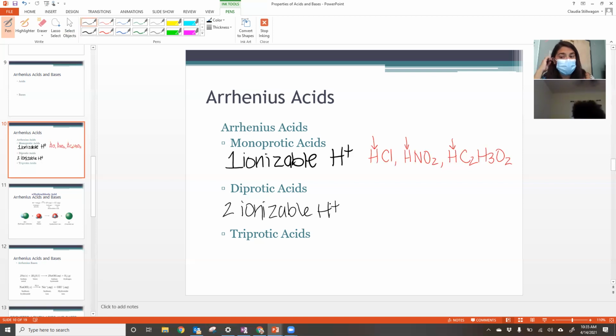Either Ty or anybody in class, why don't you come up with an example in your notes for a diprotic? Think about something that could lose 2 hydrogens. Yeah, Landry? Sulfurous acid, very good.